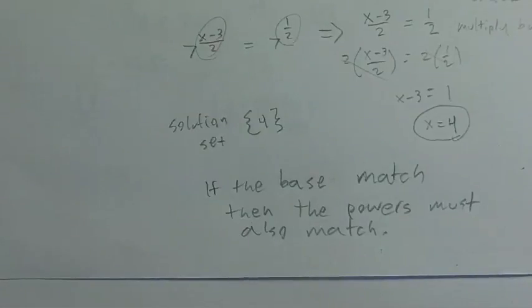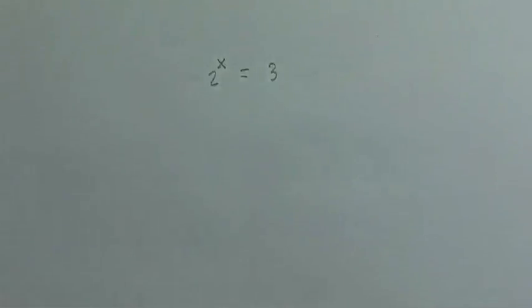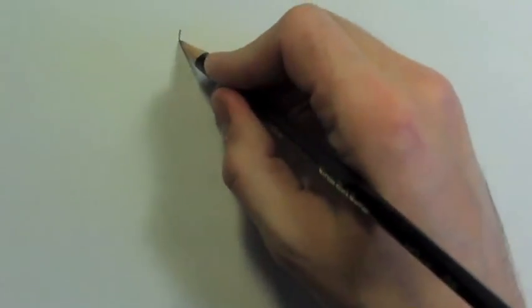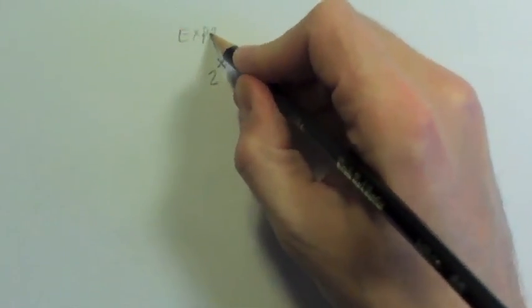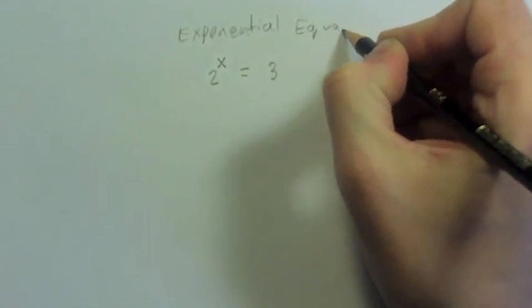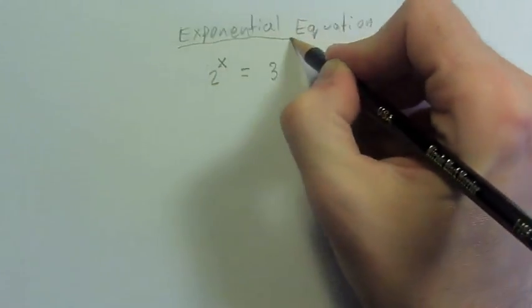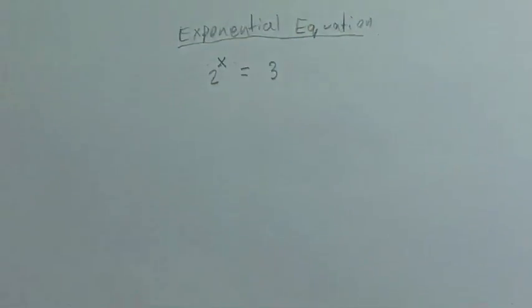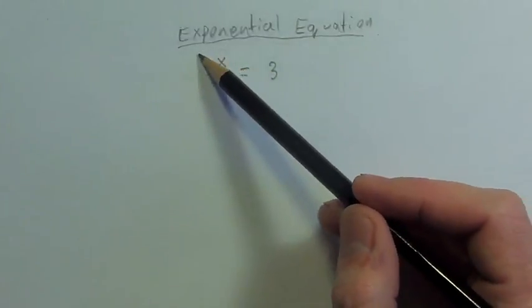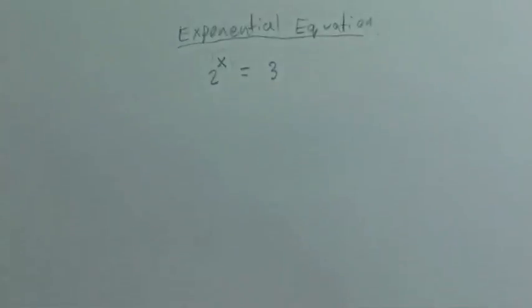All right, what happens if that's not the case? Let's say we don't have something that nice. So for example, say we had something like this: 2 to the x is equal to 3. So this is your general exponential equation. And equations of this type, how we go about solving them is we're going to use the property of logs that allows us to take powers outside and move them down as multiplication.